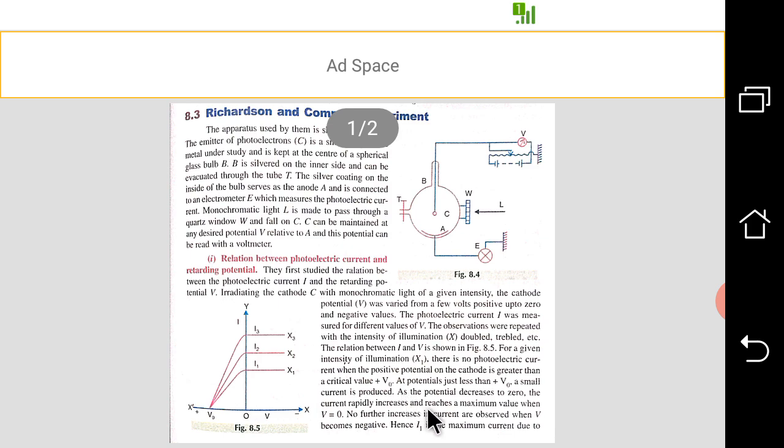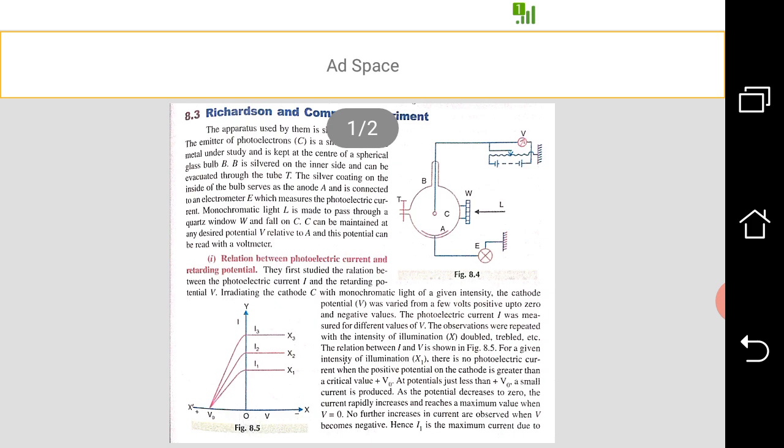The cathode potential V was varied from a few volts positive up to 0 and negative values. The photoelectric current I was measured for different values of V.